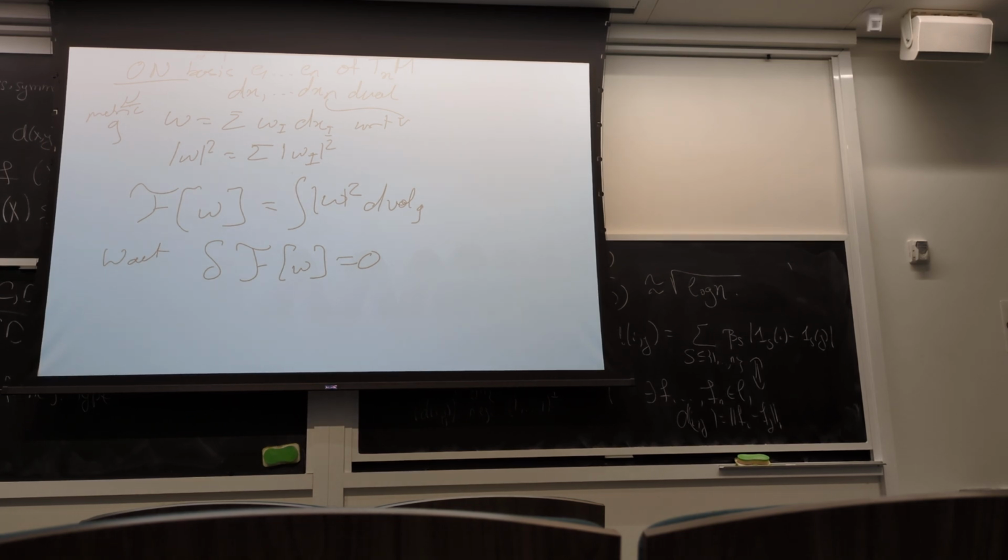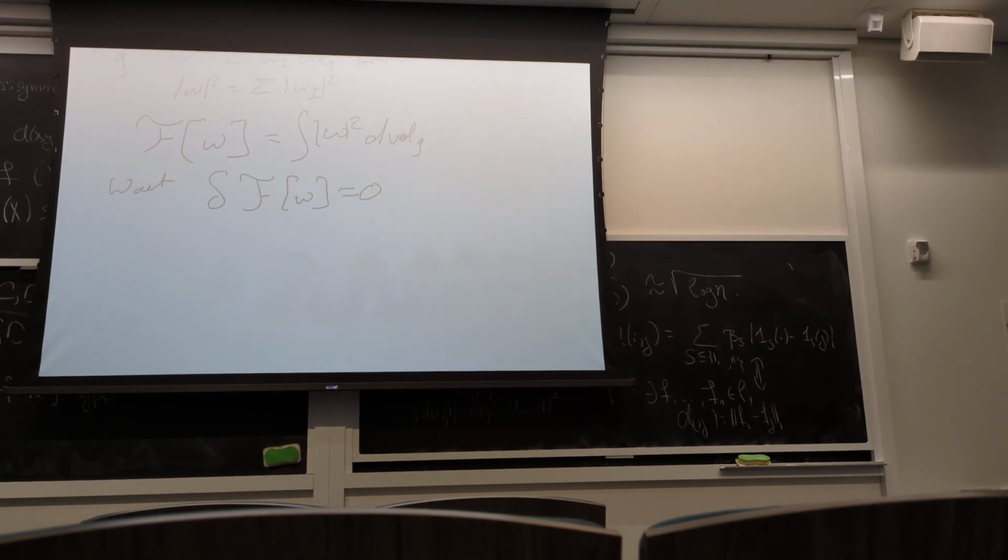yeah, so that is what we are aiming for. So we expect that this guy should be something like 2 times the integral of omega equal... This doesn't make sense.